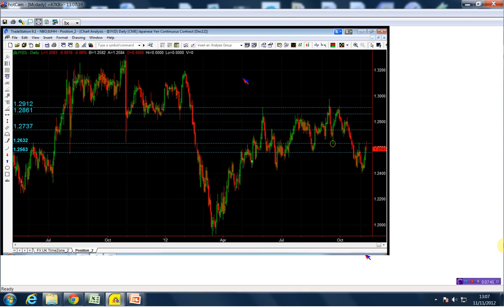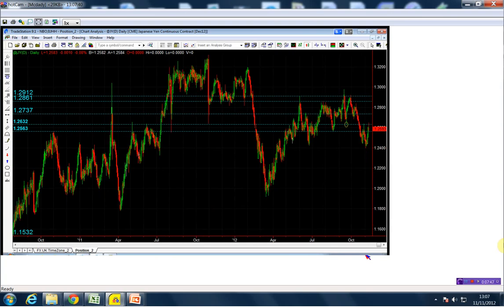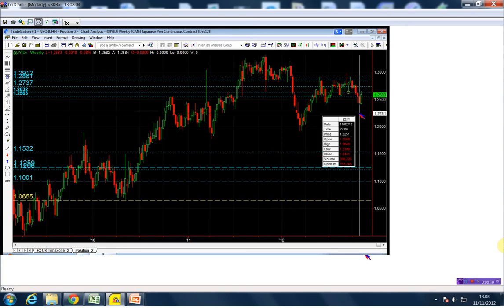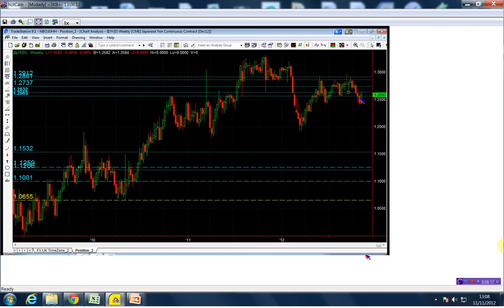And if we look at the weekly chart for the Japanese yen, we had what we called a structure failure when the prices traded below the 126.32, and this was like 3 weeks ago, and it continued very nicely to the downside, putting in a low of 124 or 123.99.